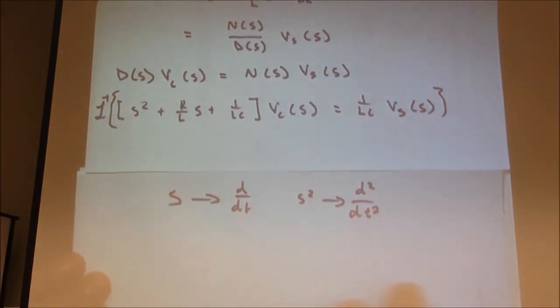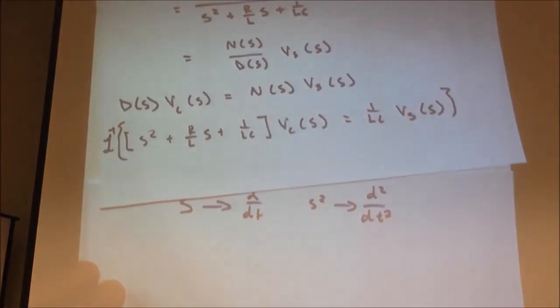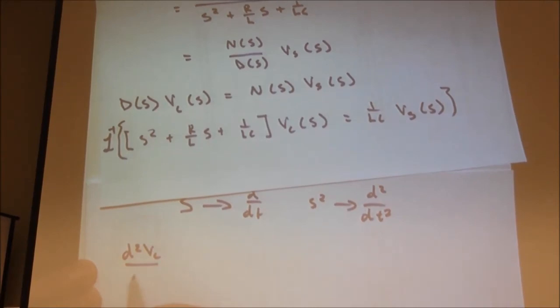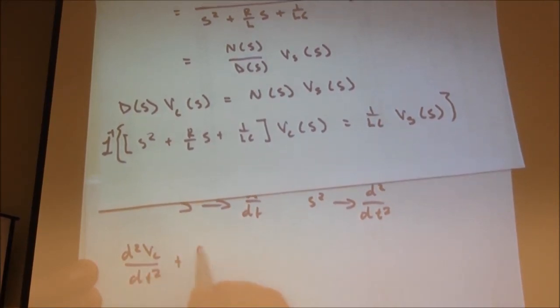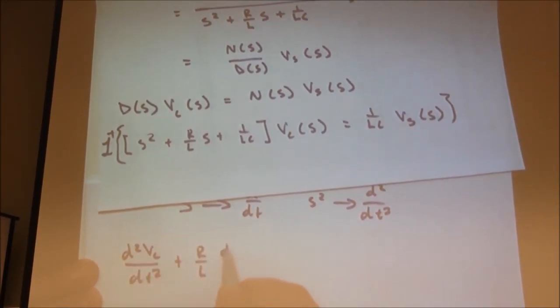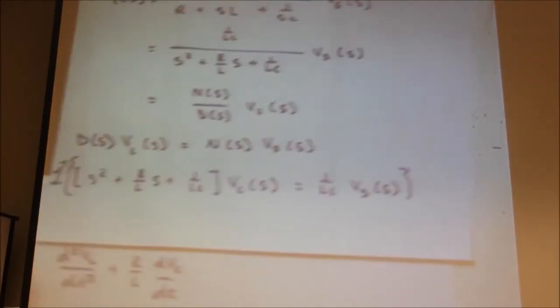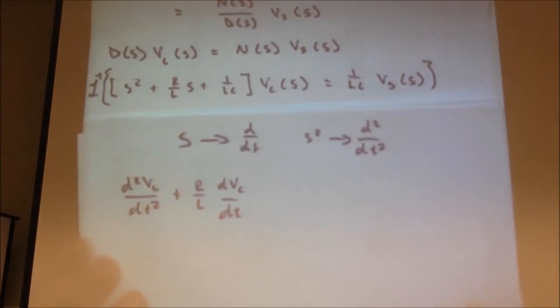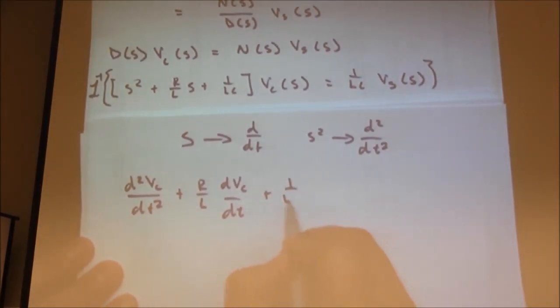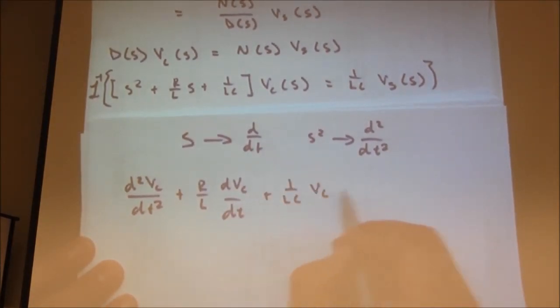If we take the inverse Laplace transform of this, what do we wind up with? d2 VC by dt squared plus R over L dVC by dt plus 1 over LC VC equals 1 over LC V source.